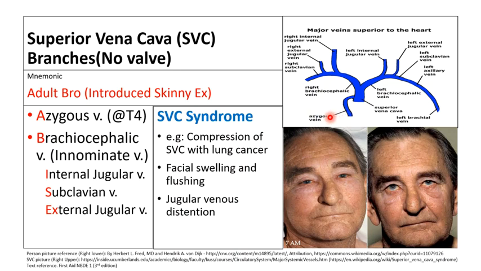There are two important things that you need to remember about the superior vena cava because of its overall importance. One thing is that there is no wall between the right atrium and the superior vena cava, and the second thing is superior vena cava syndrome, which is because of compression of the superior vena cava by lung cancer.